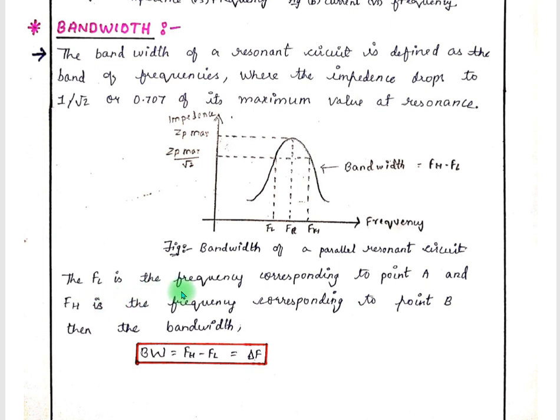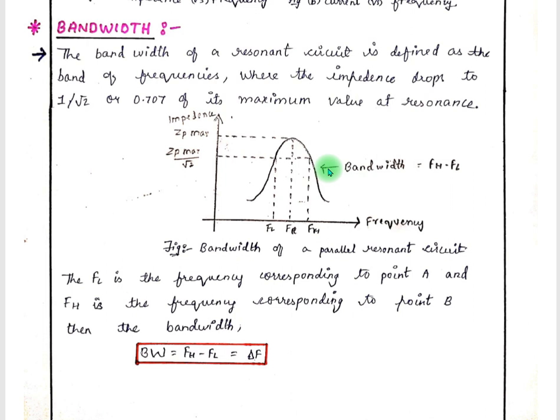Then, if FL is the frequency corresponding to point A, and FH is the frequency corresponding to point B, then the bandwidth is equal to FH minus FL, which is equal to delta F. The points marked A and B on the resonance curve are known as half power points because the power developed at each of these points is half the power developed at resonance.